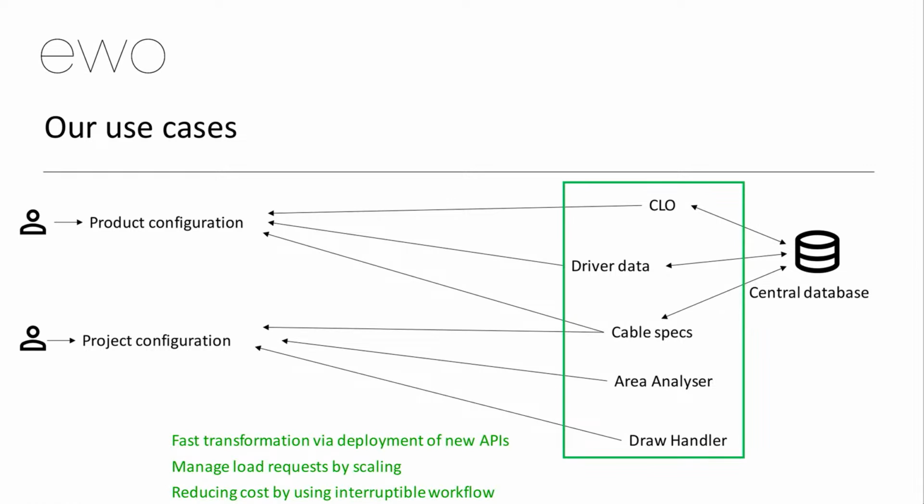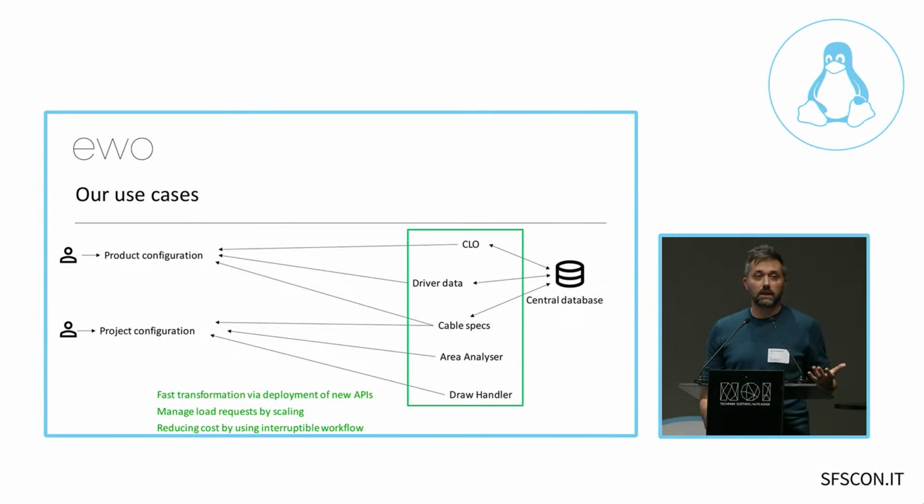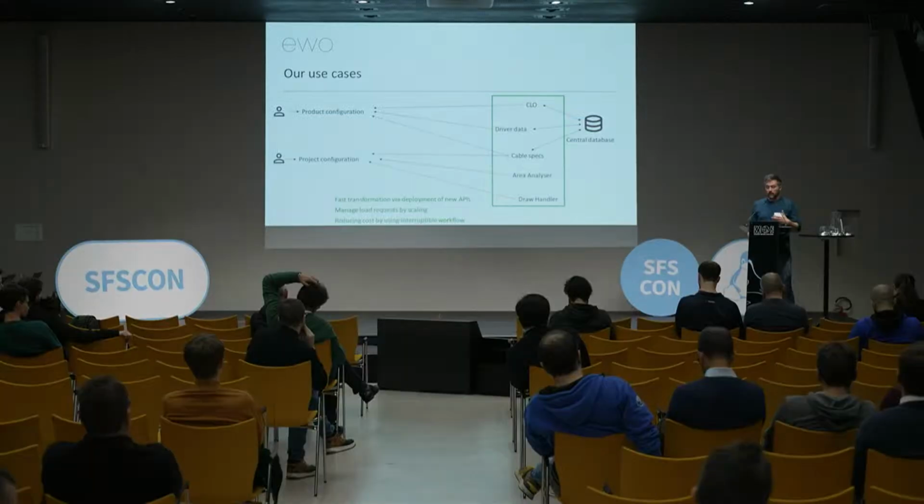Why do we need FaaS in this case? Because we need to quickly transform our deployments, let's say our software, in order to support new APIs, new products, new physical calculations, because most of the operations that we need to do for providing automatic configuration are physical calculations, optical calculations, and so on and so forth.